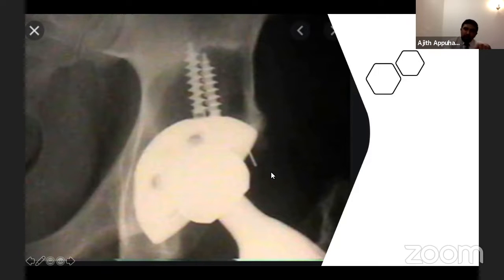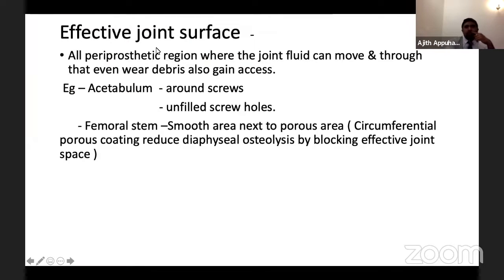What happens if joint fluid can traverse through that space means the wear particles it usually contains in the joint fluid also get access to this space. That is called effective joint space. It is very important you know what it is, because it could be a question in your MCQ, and the viva will start with this topic. So example, as I said before, around the screws or unfilled screw holes.